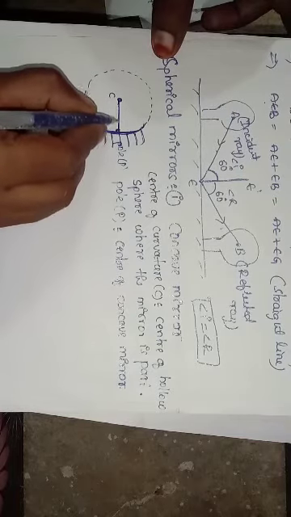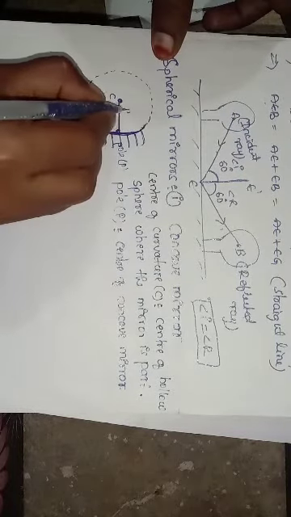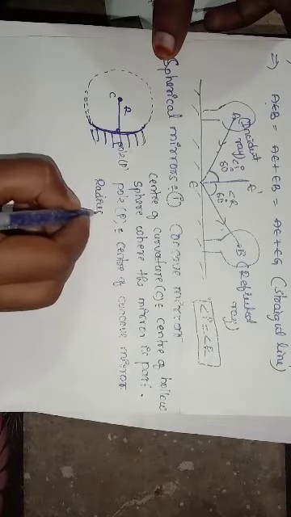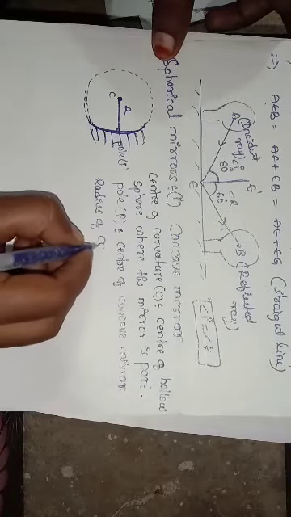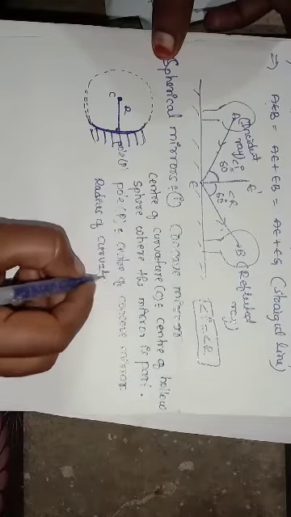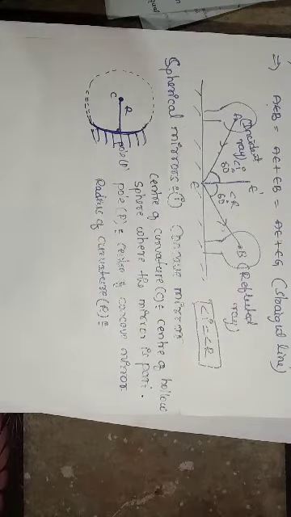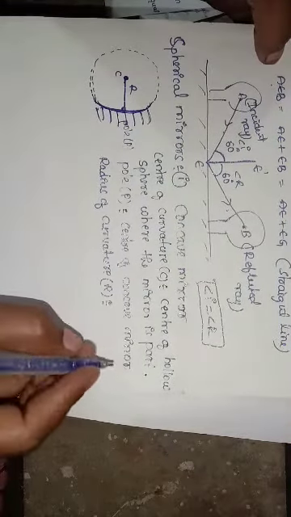Next, what is this? Radius of curvature, R. Radius of curvature is the radius of the sphere where the mirror is a part.